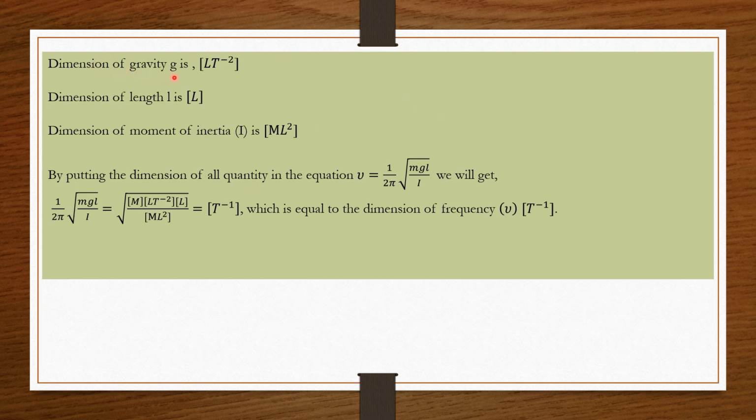Then the dimension of gravity g is L T to the power minus 2, and the dimension of length is itself L. And again the dimension of moment of inertia, we know that I is M L squared. So by putting all the dimensions, we find that the dimension of 1 by 2 pi root over of mgl by I will be T to the power minus 1, which is equal to the dimension of frequency. So this is also dimensionally correct.